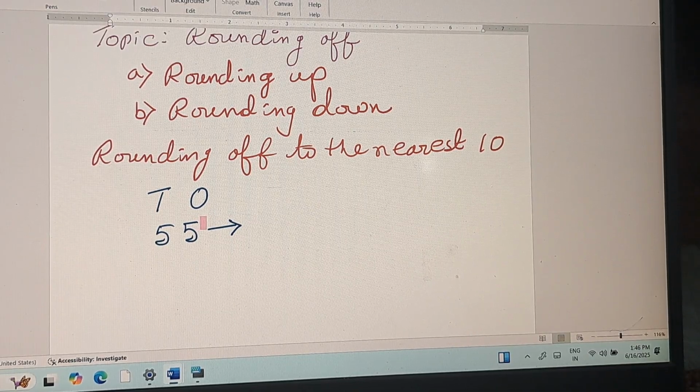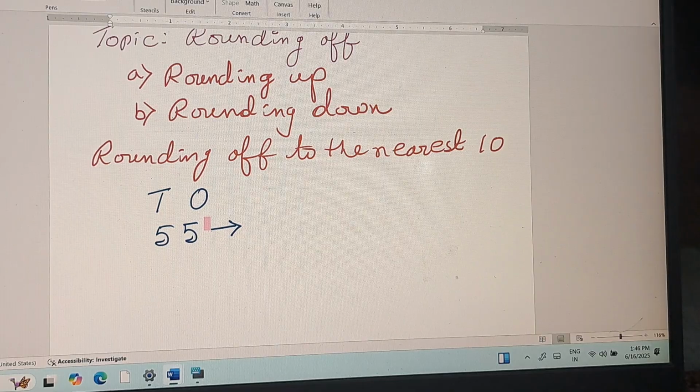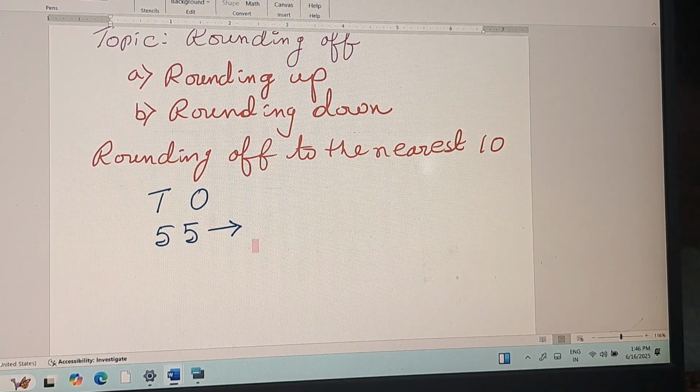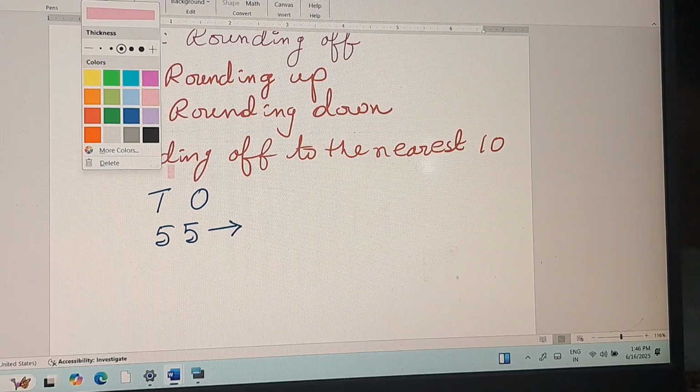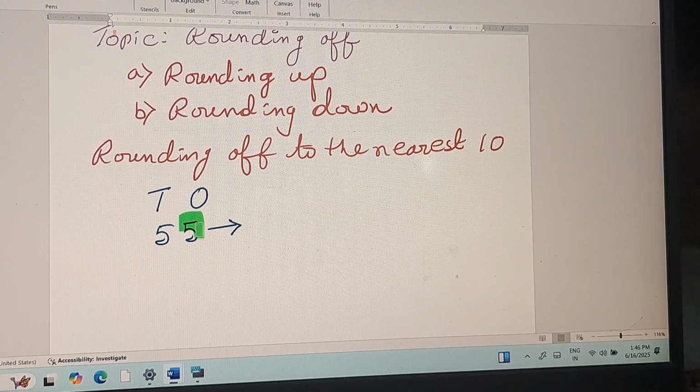So in ones place the value will be 5 ones and in tens place the value will be 5 tens, that is 50. So in rounding off to the nearest 10, we have to check which place, the ones place.